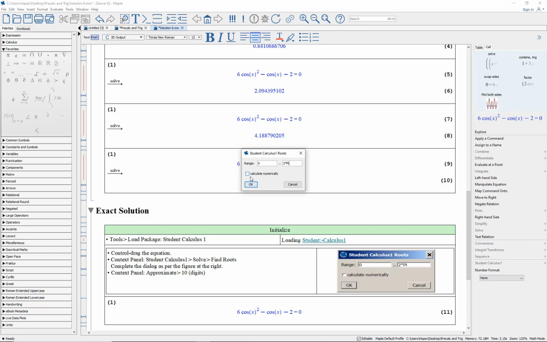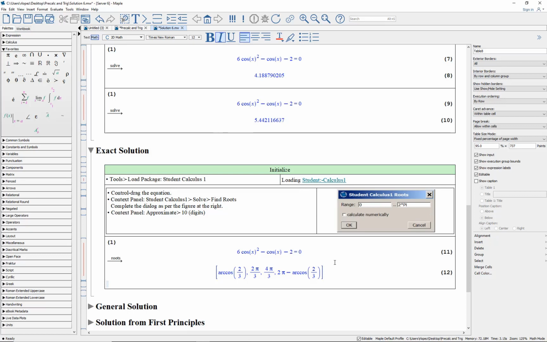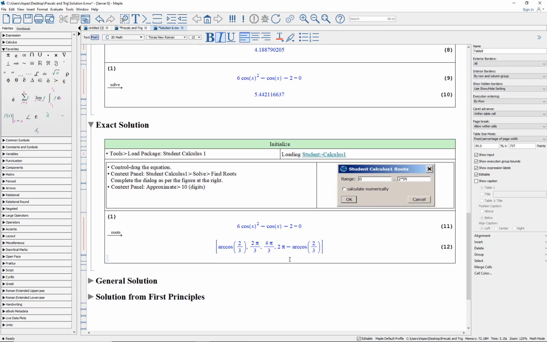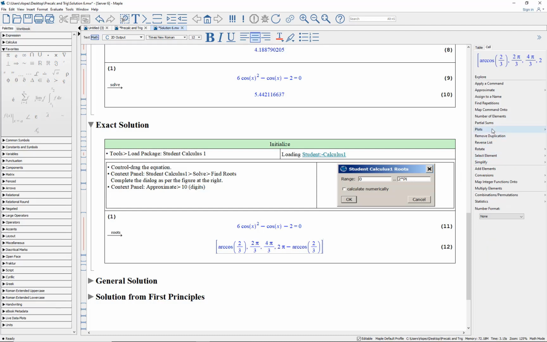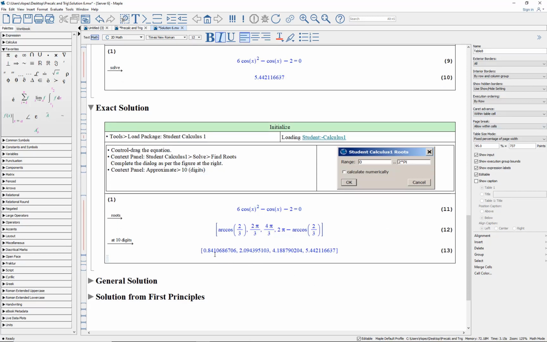And we're expecting to get an analytic closed form solution, so we will not check this box, calculate numerically. There are times when that is the appropriate thing to do. And so we have 4 exact solutions. And if we want to approximate those, let's approximate 10 digits, we see 0.8, 2, 4, 5.